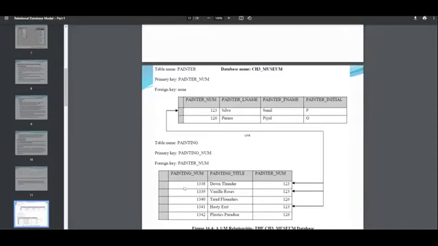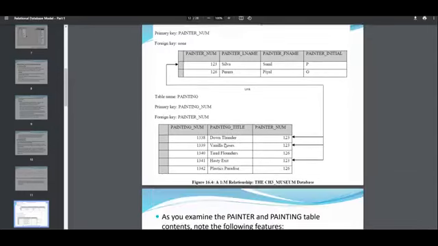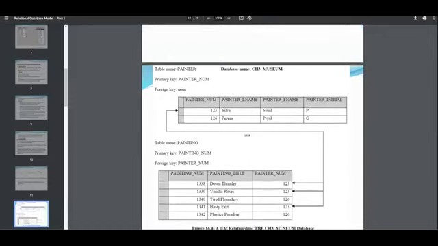Got that? Painting number. Then, read and understand these concepts clearly. Take some time and read and understand.